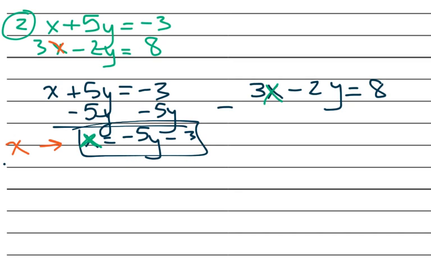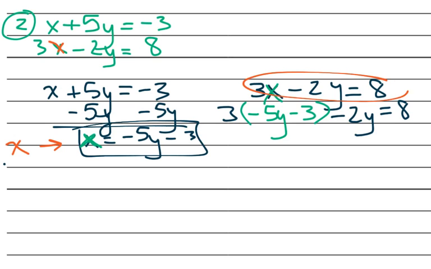So then I'm going to write 3 times x, but I'm going to substitute negative 5y minus 3, and then I'm going to write minus 2y equals 8. If it's not clear where this came from, this is the same exact equation as here, but instead of x, I now have something with y there.